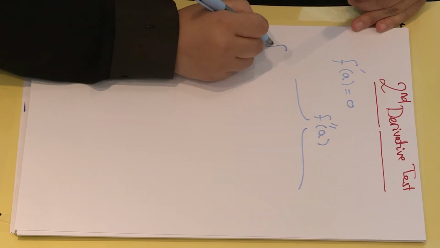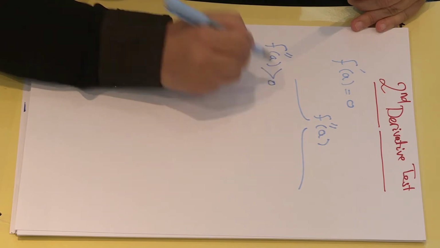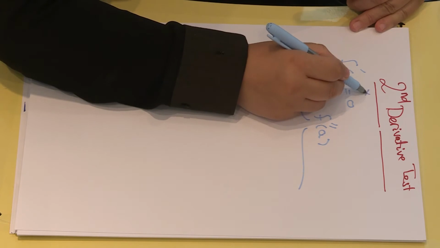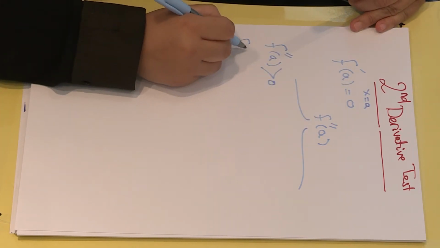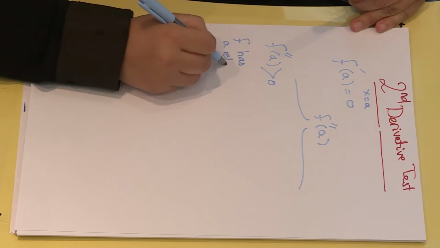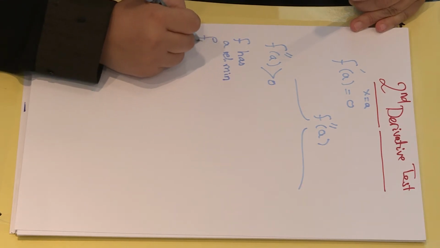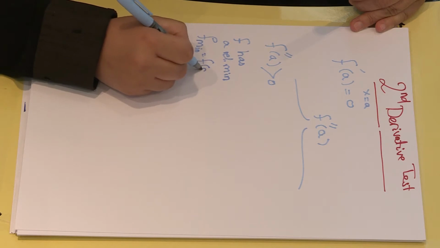If f double prime of a is greater than 0, at such x equal to a, f has a relative minimum, where f minimum is equal to f of a.